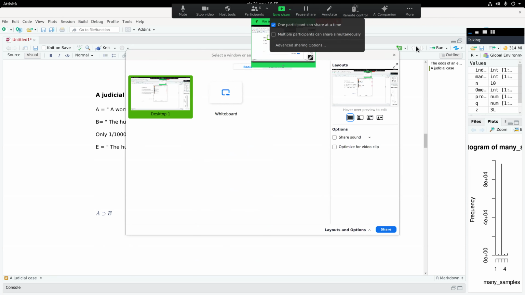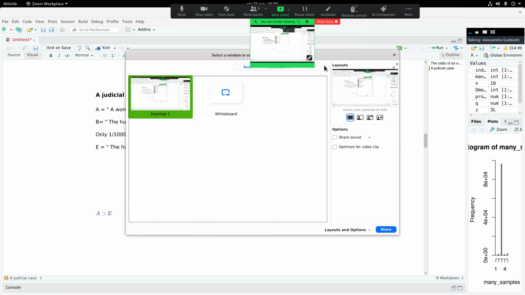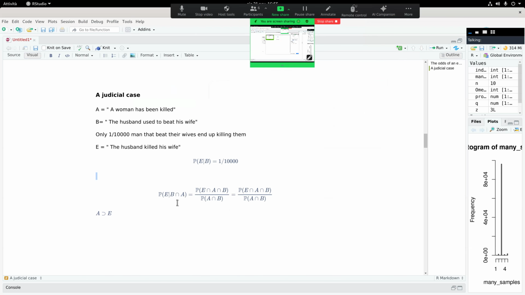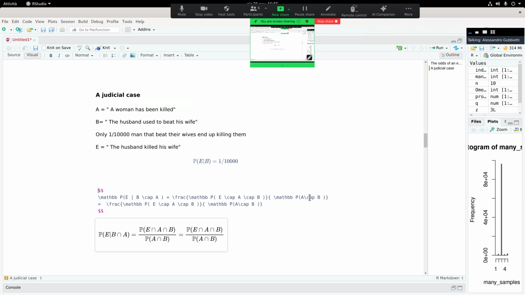Now here, okay, sorry. Now, we can simply remove A intersected E, which is simply A. So we can remove this one.